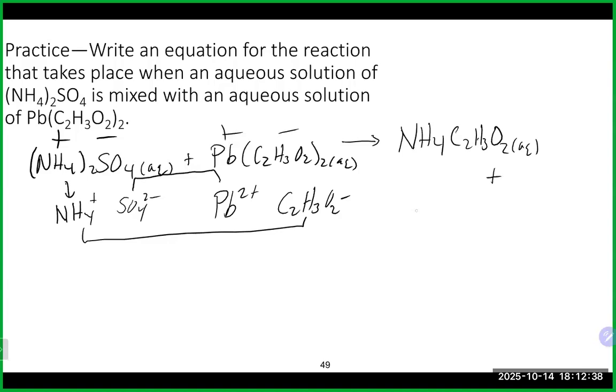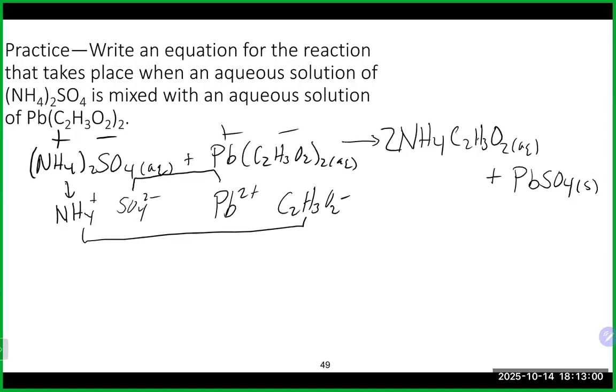I'm going to go underneath here. That's going to put our lead with a +2 and our sulfate with a -2 together, which gives us one of each of these. And that is going to be an insoluble guy there based on solubility rules. And now that we have the right formulas, again, we could balance, and polyatomic ions, just pop a 2 there, and I think you're in business on that.